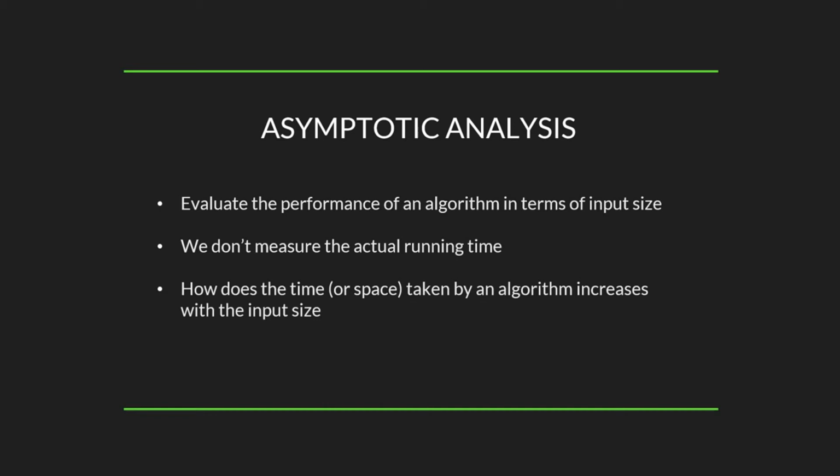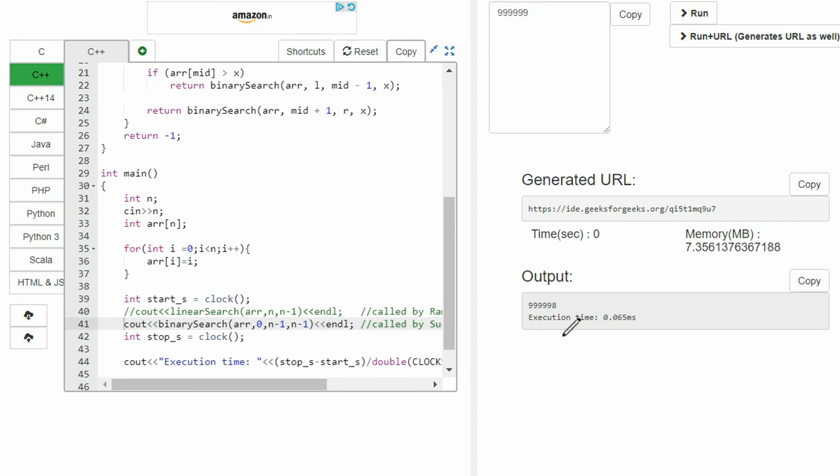Let us take the linear search example. If we draw a graph with array size on the x-axis and the execution time on the y-axis for various input sizes of the array, we will get a linear graph for the linear search algorithm.